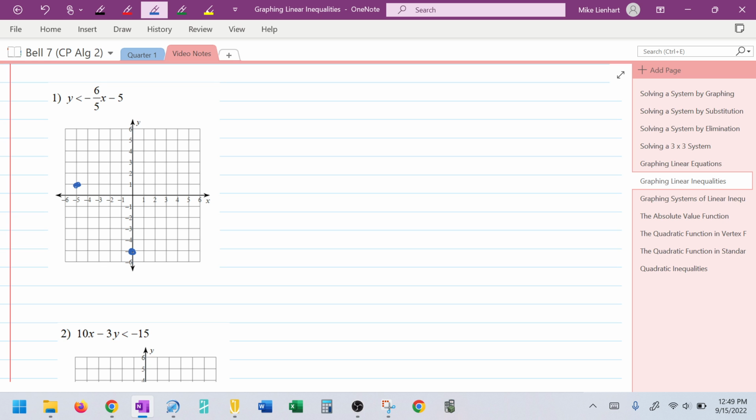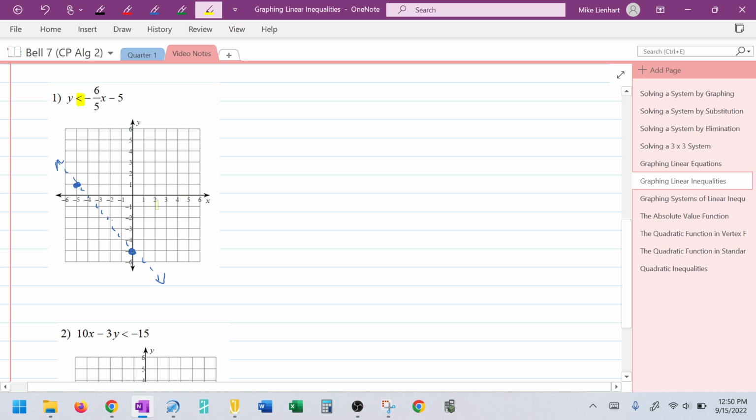The next thing I do is I look at the inequality, the less than. That less than tells me that my line will be dashed. So I sketch a dashed or dotted line through those 2 points. Now if you notice, we have the top half or the bottom half. One of those is going to be where we shade.